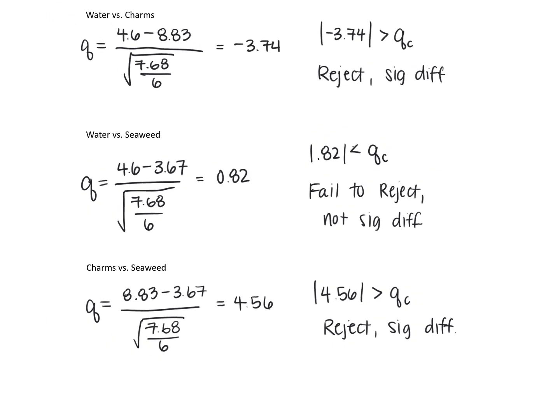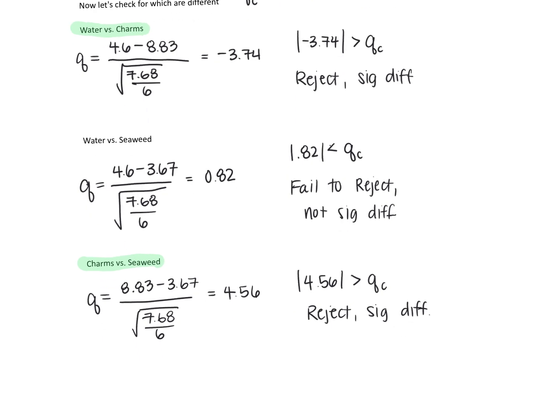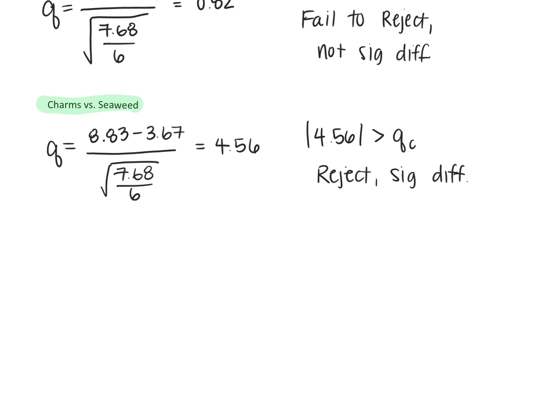So now we want to make a conclusion. Of the two that I rejected, we rejected water versus charms and charms versus seaweed. So again, just like with the Scheffé test, I look to see what the common item is, which in this case is Lucky Charms.